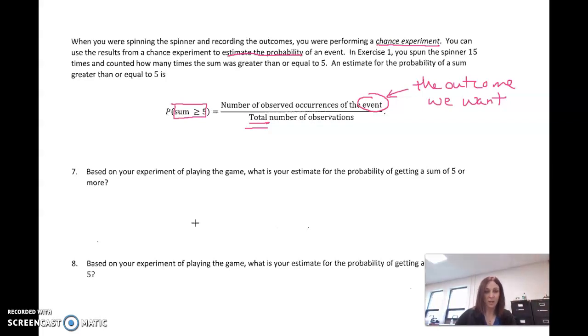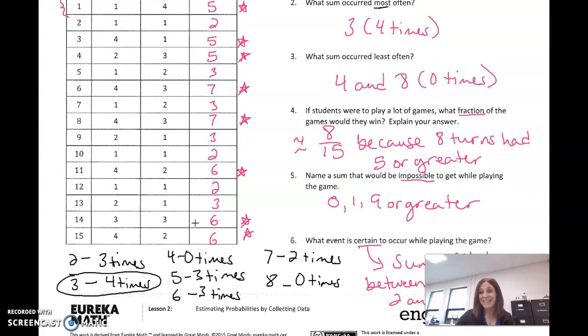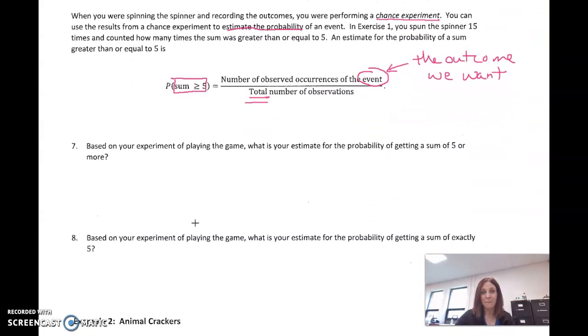Based on your experiment of playing the game, what is your estimate for the probability of getting a sum of 5 or more? If you remember, how many times did we get 5 or more? We got that 8 times. So, probability of a sum greater than or equal to 5. How many times did what we want to have happen occur? 8 times. What was our total number of times? 15.